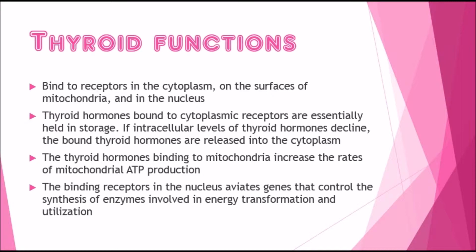If extracellular levels of the thyroid hormones decline, the bound thyroid hormones are released into the cytoplasm. The thyroid hormones binding to mitochondria increase the rates of mitochondrial ATP production. The receptors in the nucleus activate genes that control the synthesis of enzymes involved in energy transformation and utilization.